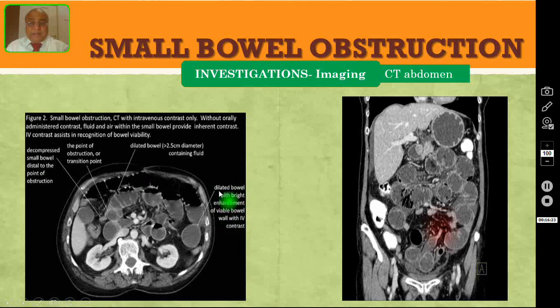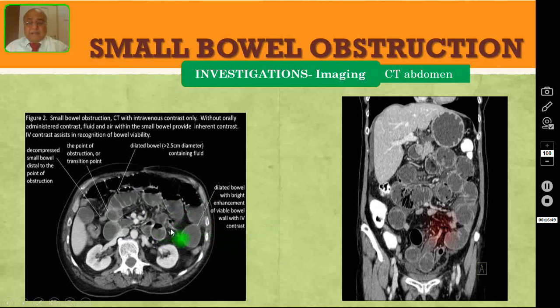Here you are seeing the dilated bowel with bright enhancement of viable bowel wall with IV contrast. You are seeing the air inside and you are seeing the rim enhancement of the viable bowel wall. You can see it here, and not only here, you can see it in all the bowel. You can see that enhancement, so this bowel is viable.